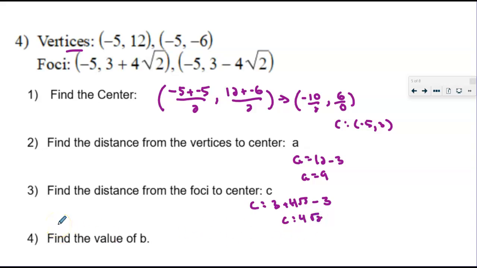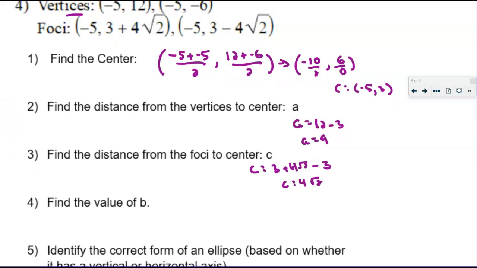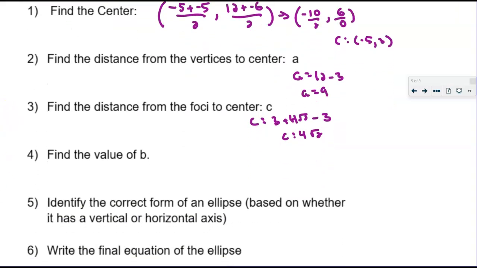Okay? All right, so if you guys remember, when we talked about foci, we could figure out B because we know C squared equals A squared minus B squared. So in this case, we know that C is 4 square root 2. We're squaring that, and A is 9, so 9 squared.